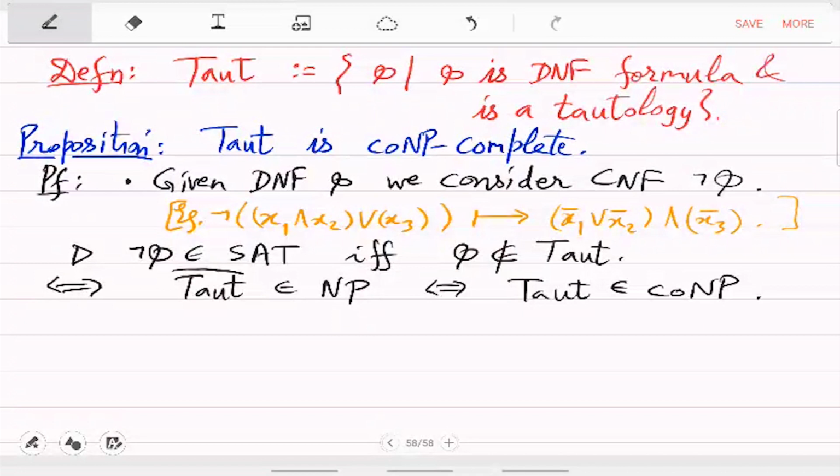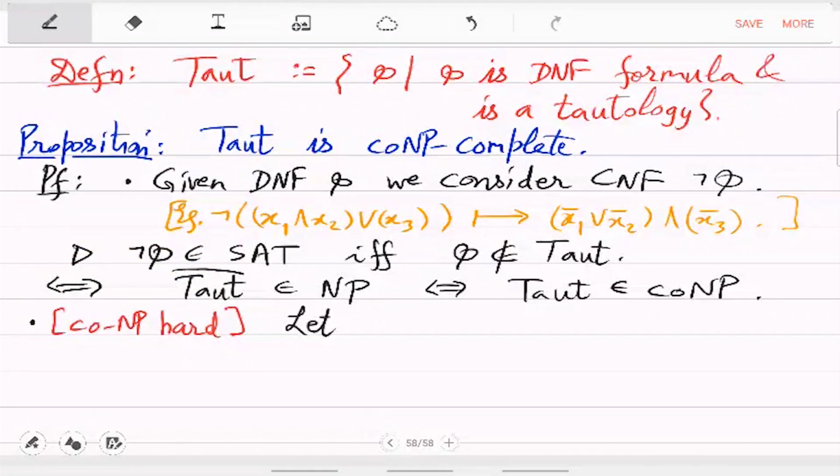But why is tautology co-NP hard? That we have to now check, or prove. So the co-NP hardness part. Let's go over that.